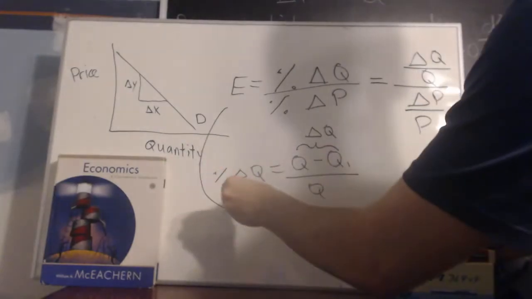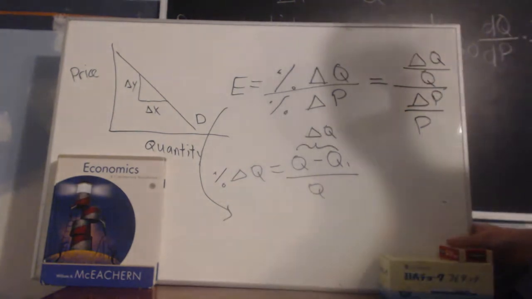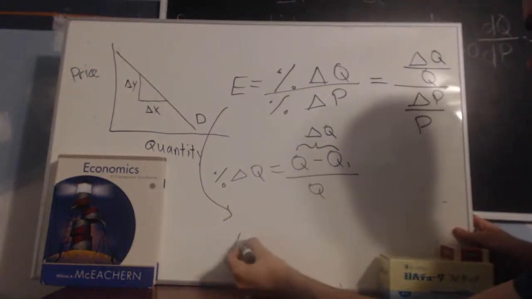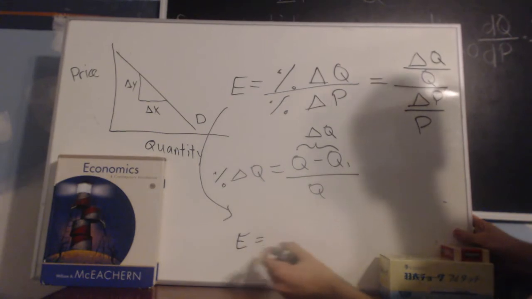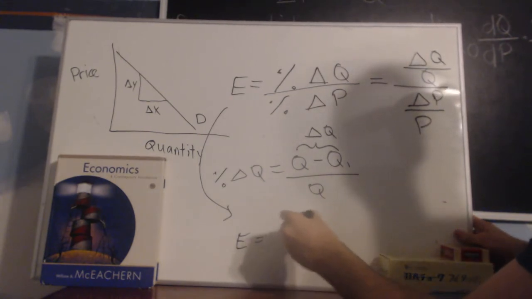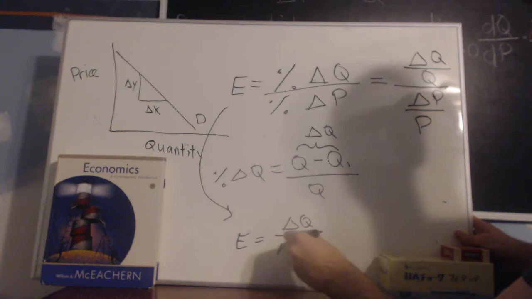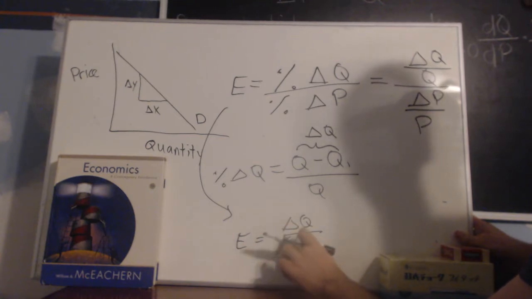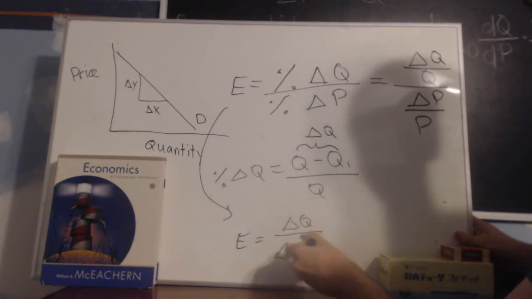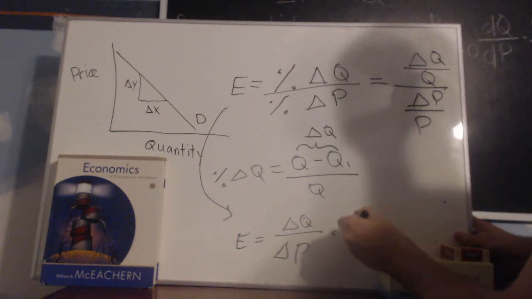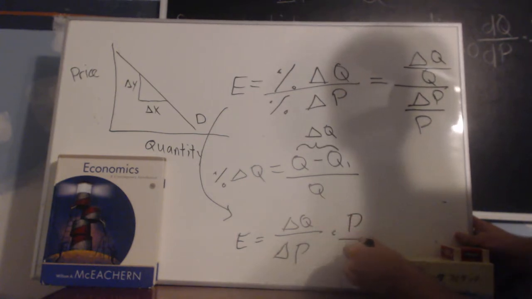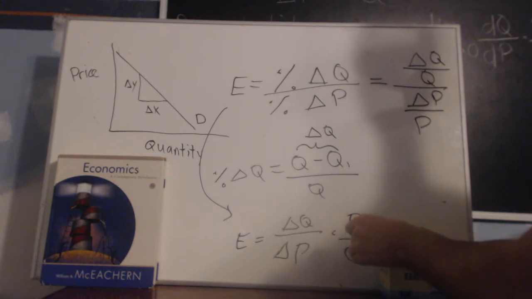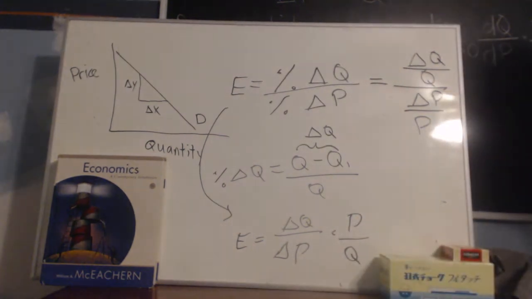And if we simplify that, what we're going to end up getting is that the elasticity is equal to change in quantity over change in price, times the price over the quantity. And this is the price over the quantity at a specific point.